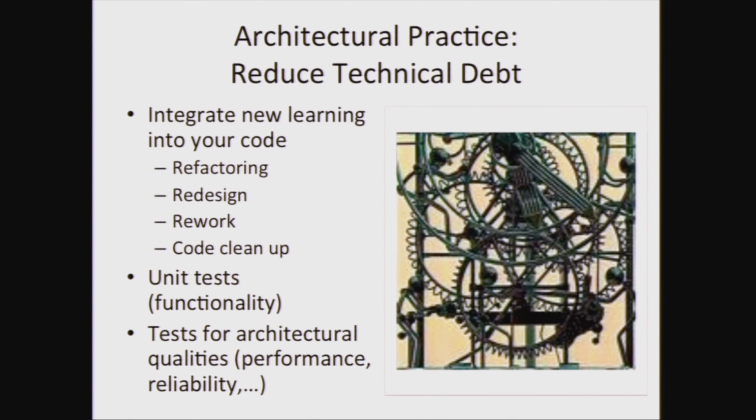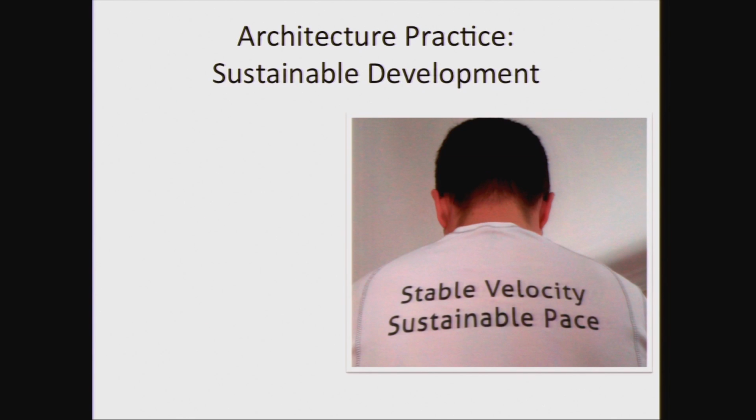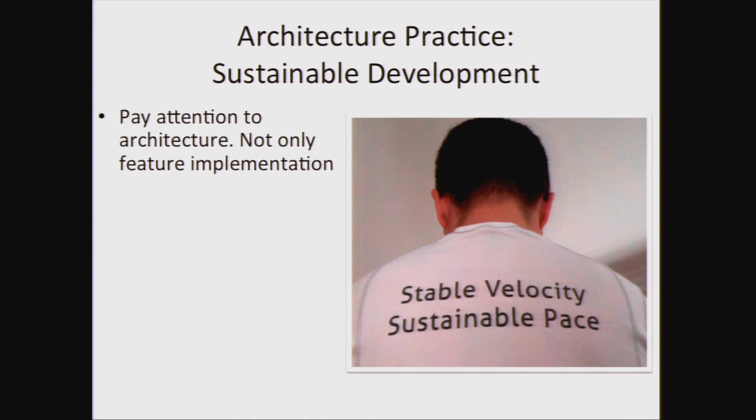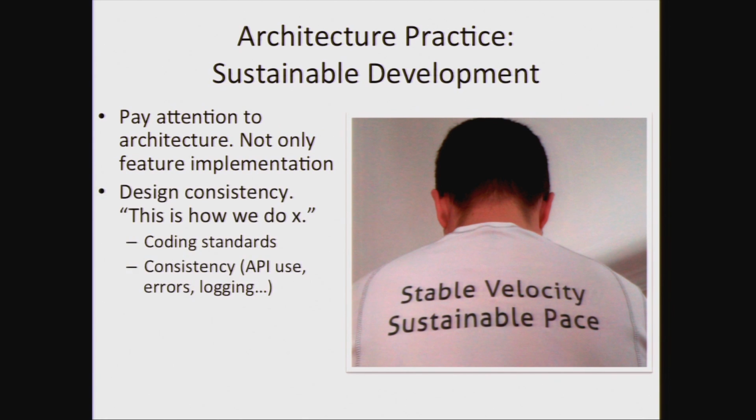So oftentimes, I know that small team projects, they go, well, great, we have our unit tests. Do you have your security tests? Do you have your performance tests? Do you know what you're scaling when you add more users? No. Okay. All right, so sustainable development really is paying attention to architecture and not only feature implementation.